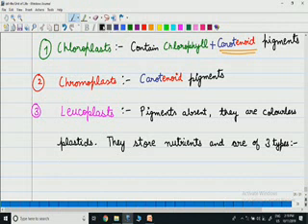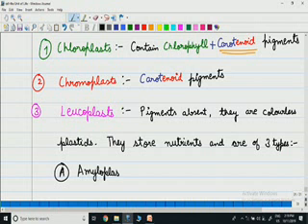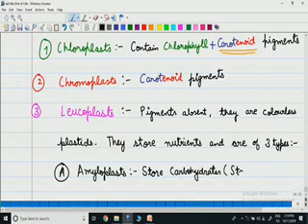First is type A, amyloplasts. Amyloplasts store carbohydrates or starch. Starch is the most common carbohydrate, which is why I am writing it.